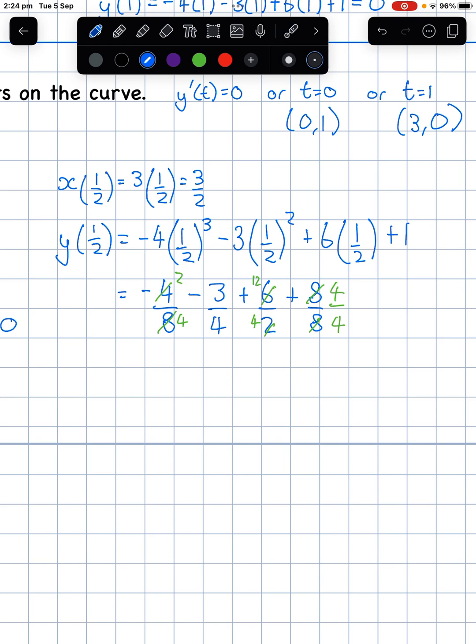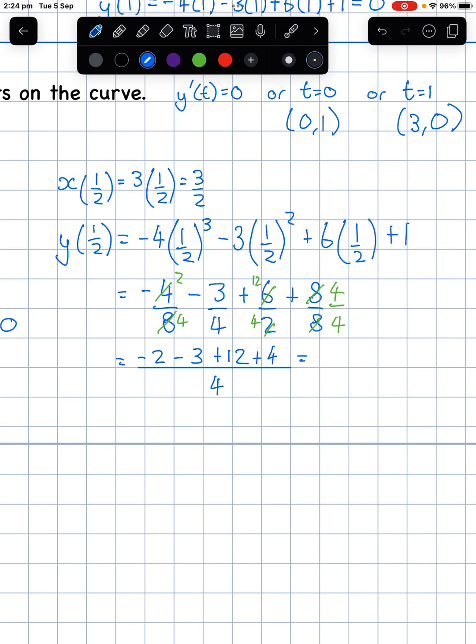Okay, so now we've got common denominators, so this is going to be negative 2, negative 3, plus 12, plus 4, all over 4.